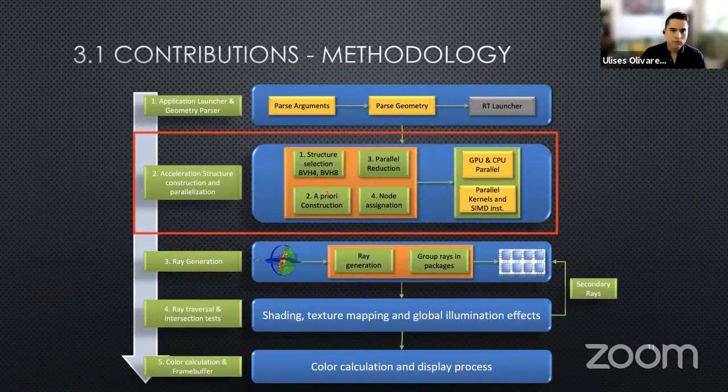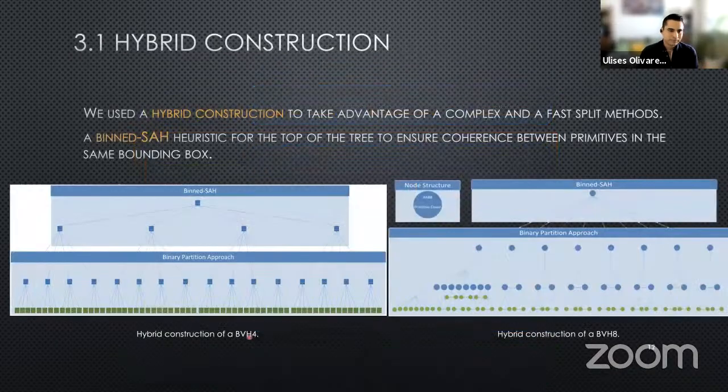In this a priori construction, we're going to define how many primitives each node will contain, and then we're going to perform all the parallel operations in CPU and GPU architectures, and then we're finally assigning those primitives, those polygons, to nodes. And once we have that, we can perform all the intersection tests, and we can generate all the rays, and finally we can produce that final frame buffer, and hopefully we can have these operations in real time. So we're going to see some results in short.